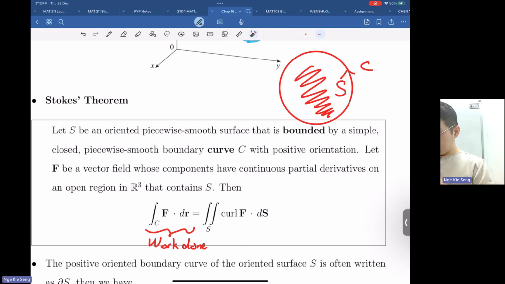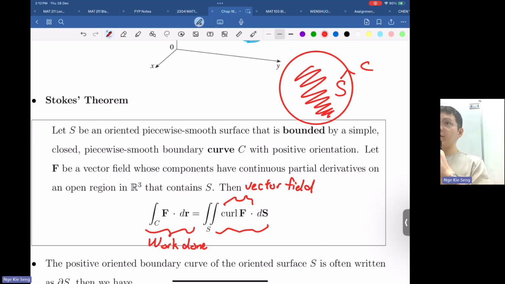It's equal to the double integral of curl F dot dS. Curl F is a vector field, and then you dot with the surface element. So this is flux. Work done around a simple closed curve is equal to the flux over the surface it bounds.